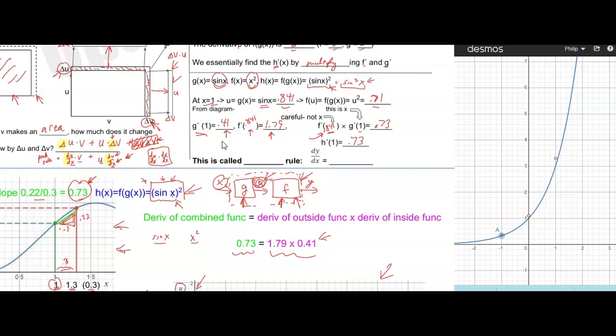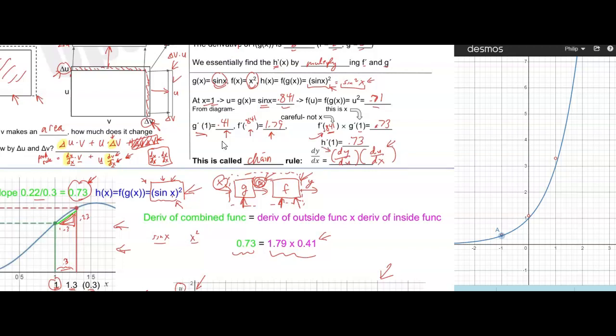By the way, this is called chain rule. And in the formula booklet, they summarize chain rule by saying dy dx is equal to the outside derivative, which is summarized with dy du, and the inside derivative, which is summarized by du dx. Why is this the inside derivative and why is this the outside derivative?